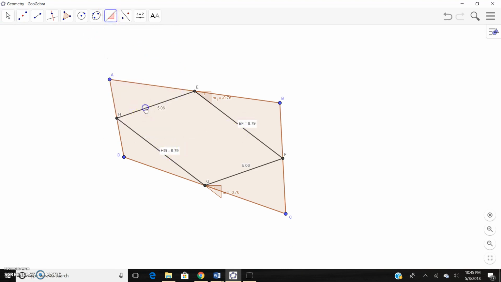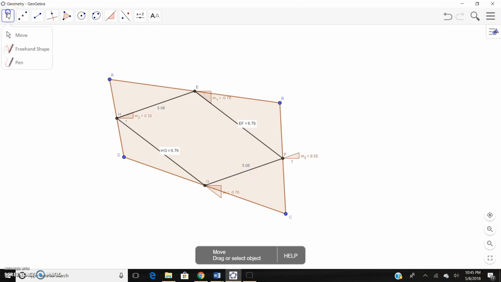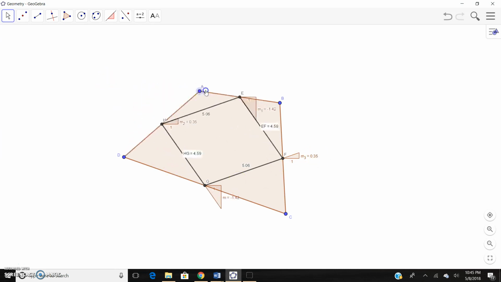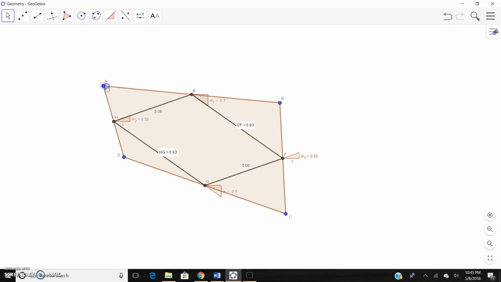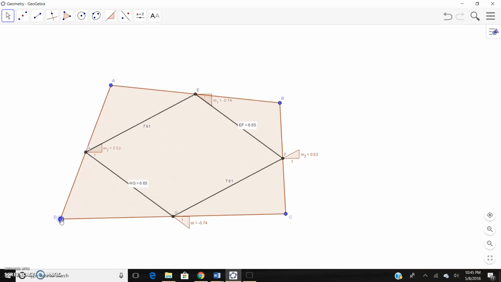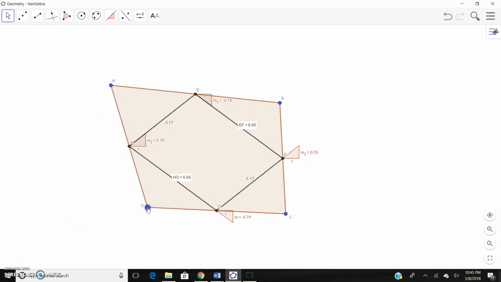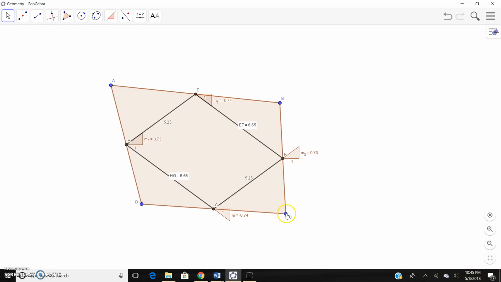So click on the segment, and then click on this segment to get the slope of those two lines. And so we have that they are both equal to 0.35. And again, let's test that they are always equal to each other, no matter what we do. And they are.